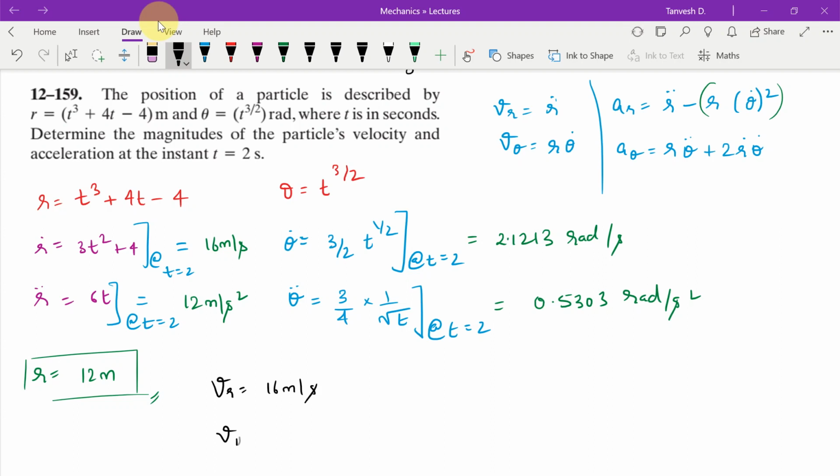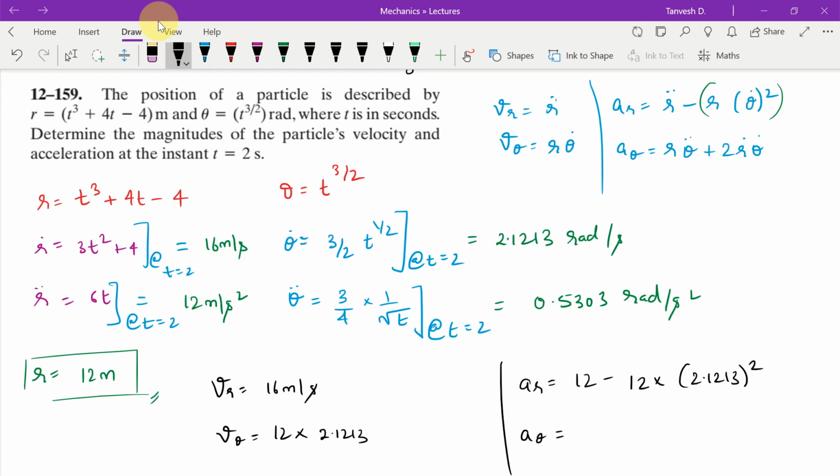V theta is equal to 12 into theta dot, which is 2.1213, right? And AR is equal to R double dot, which is 12 minus 12 into 2.1213 square.